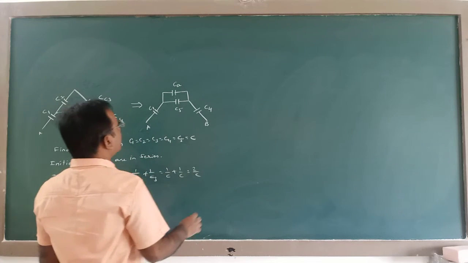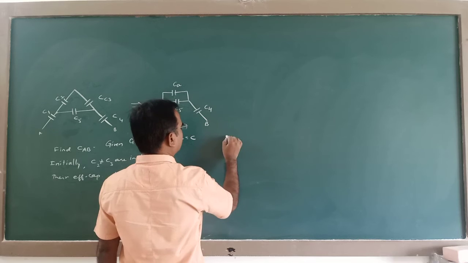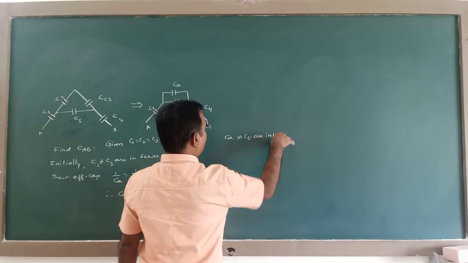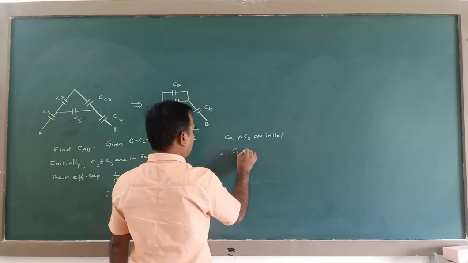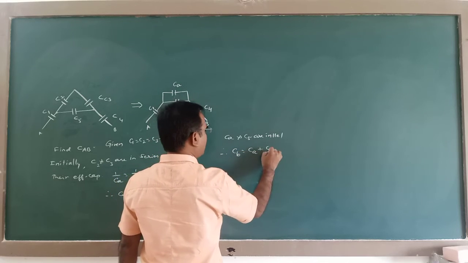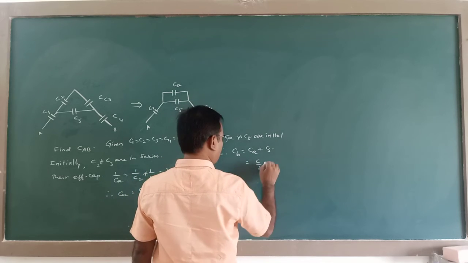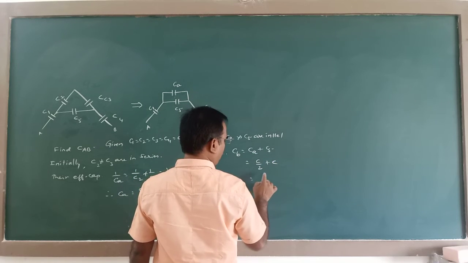Now this is CA and C5. Are in parallel. Therefore, CB is equal to CA plus C5. The CA is C by 2. C5 is C. So it becomes 3C by 2.